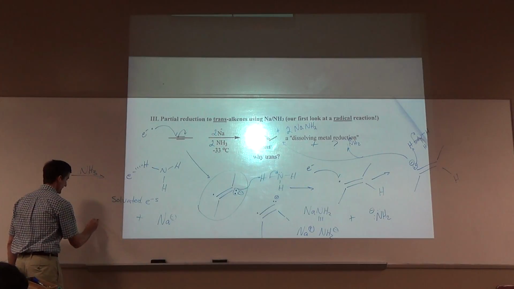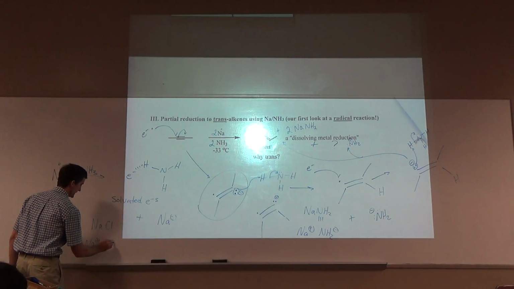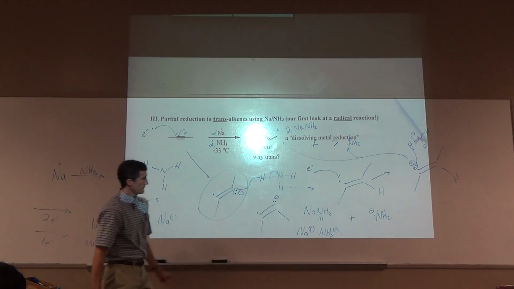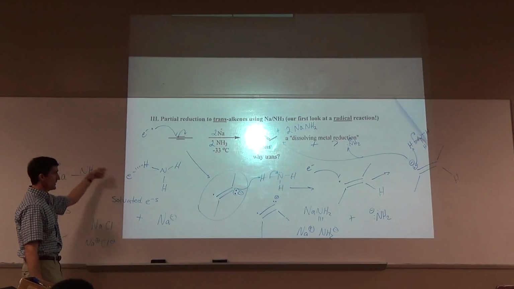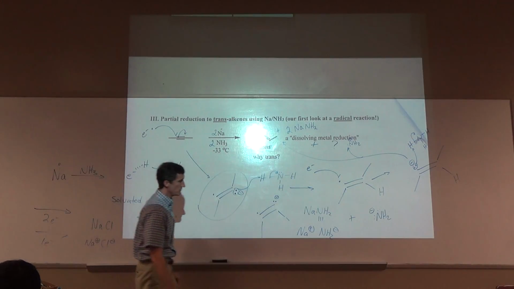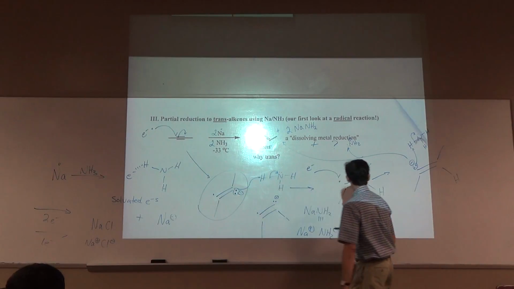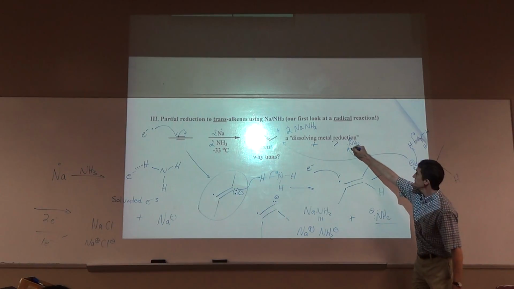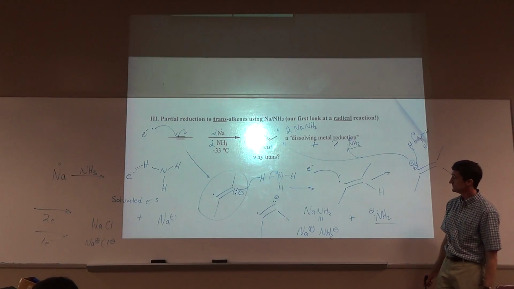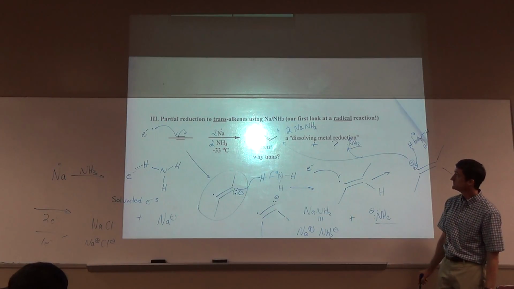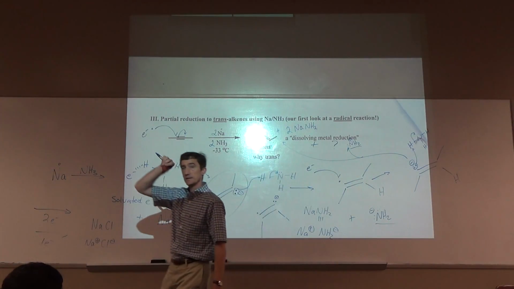Just like NaCl is really Na plus and Cl minus, right? So we made 2 sodium ions. That's because sodium gave up an electron twice. And we made 2 of these ions. There's 1 and there's 2. And you can show it sitting together as NaNH2.